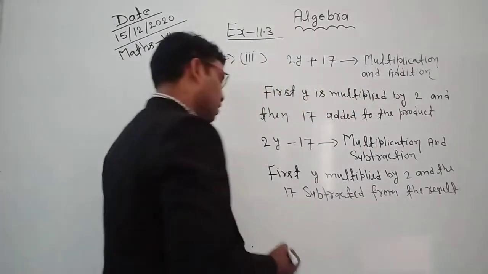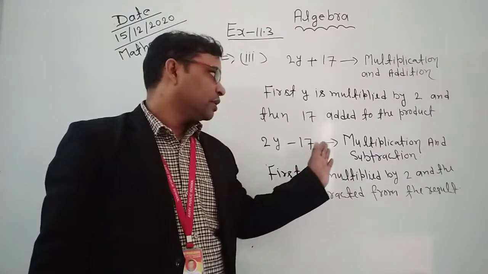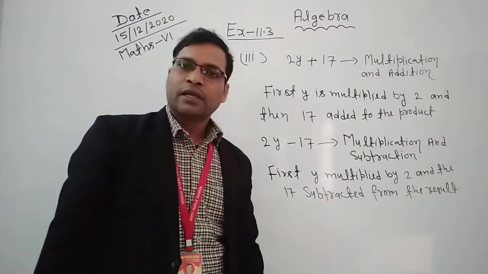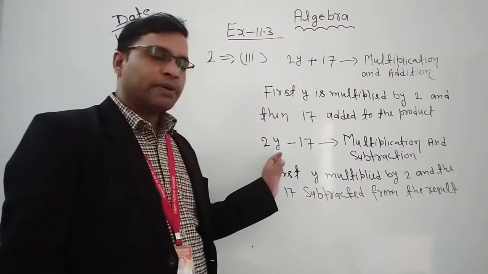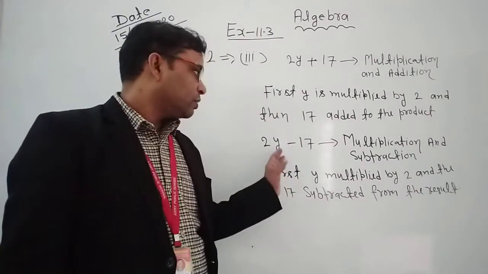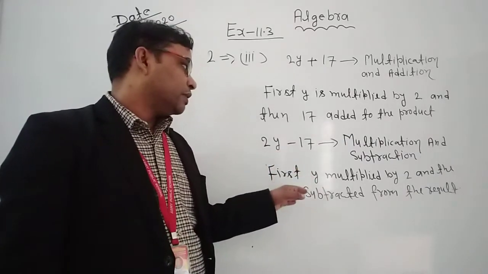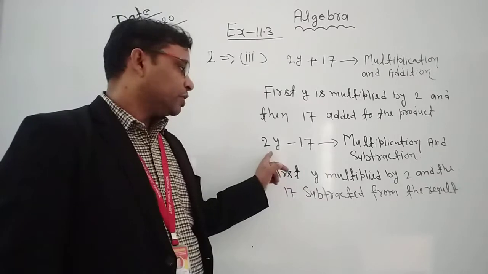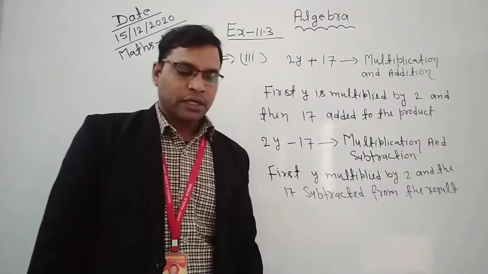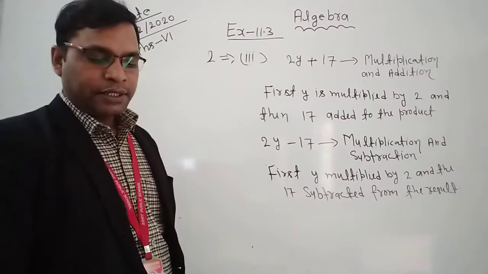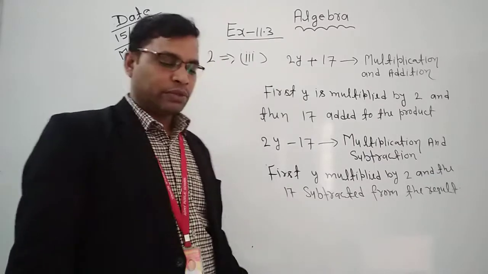Here you can see 2y minus 17. So in this expression, multiplication and subtraction operations have been used. First y multiplied by 2. After this, 17 subtracted from the result, meaning 17 subtracted from 2y. This is clear. Now the next part of question number 2.